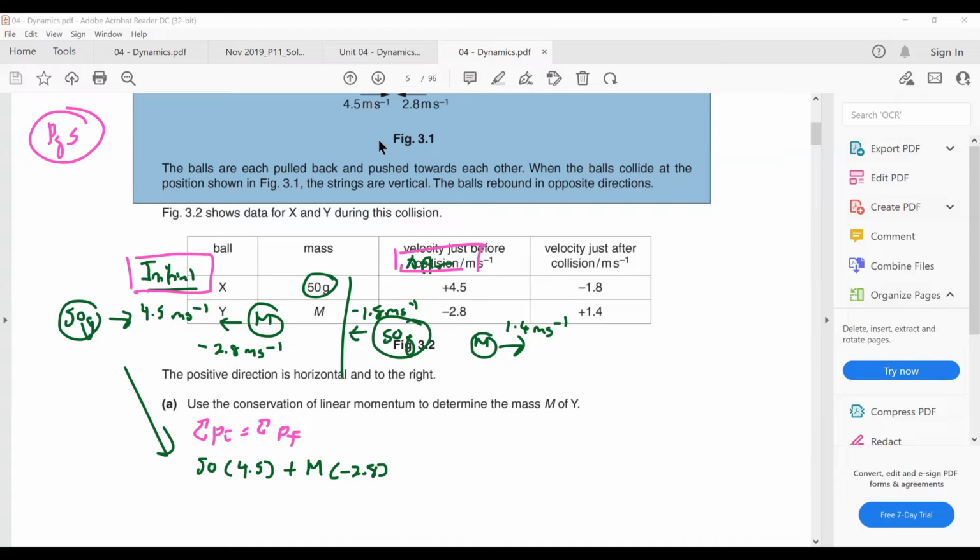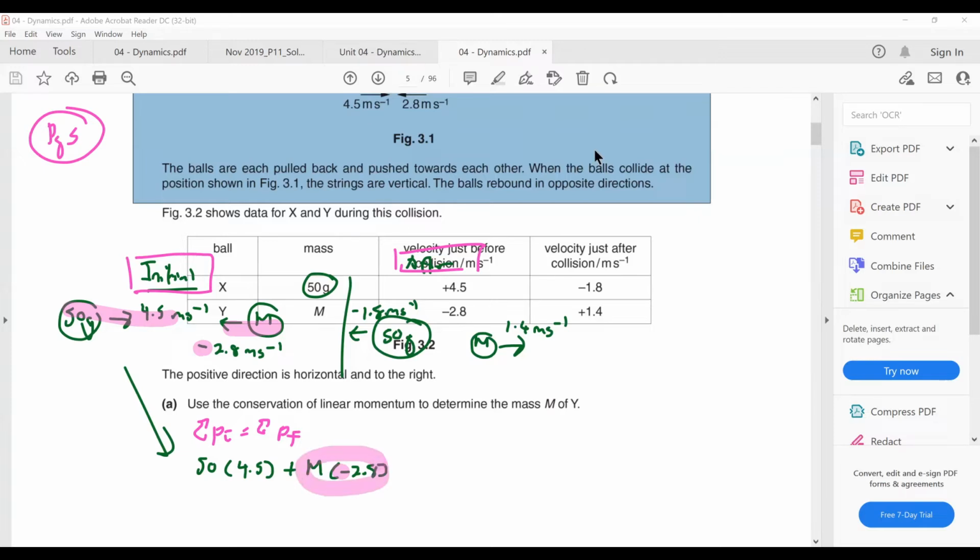So you add up the momentum of the 50 grams and the momentum of the mass m here. Bear in mind that because this is negative, momentum has direction because they're vectors. You need to include your negative sign so that you get a negative momentum here.